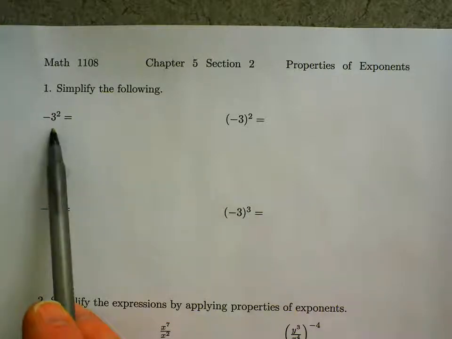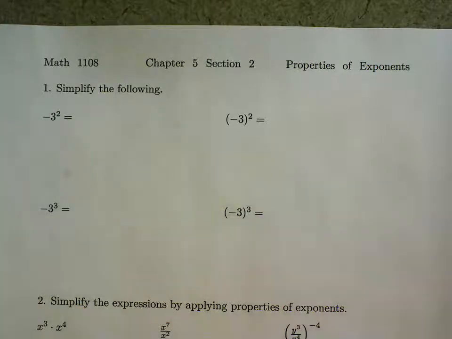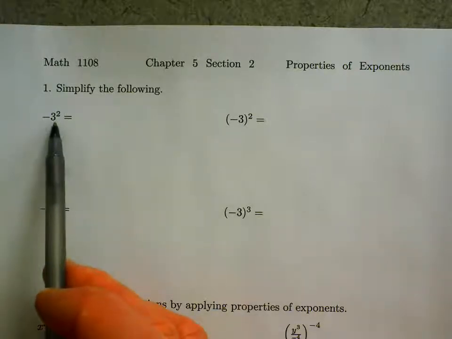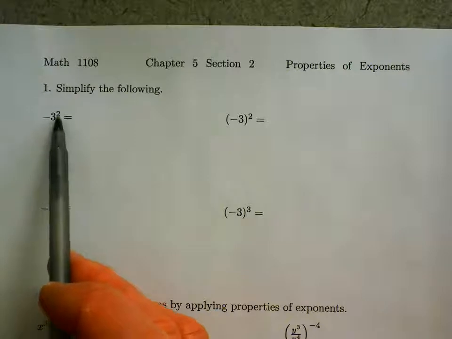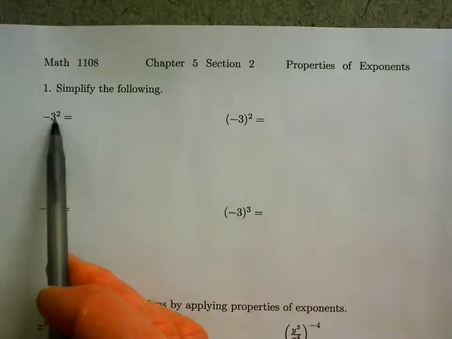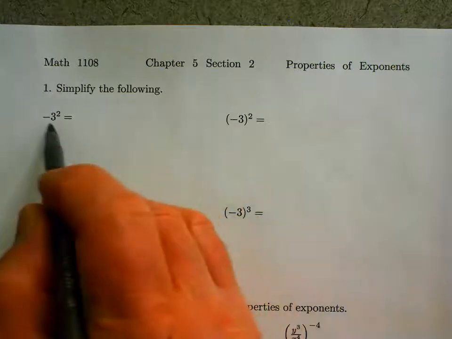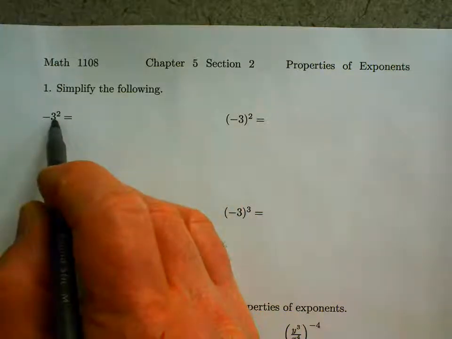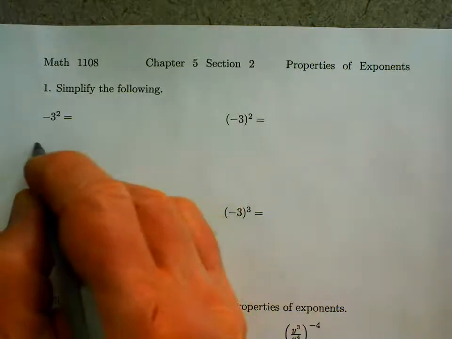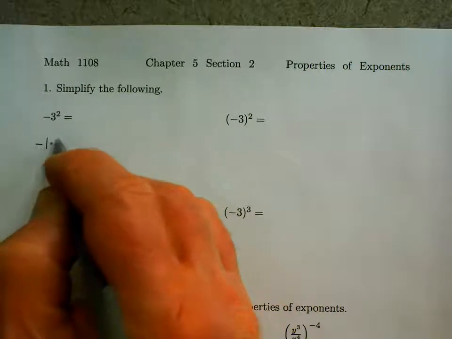This does not mean the same thing as the number negative 3 in parentheses to the second. So in this case, 2 applies to the number 3, but not to the negative. So one way to interpret this is negative 1 times 3 to the second.